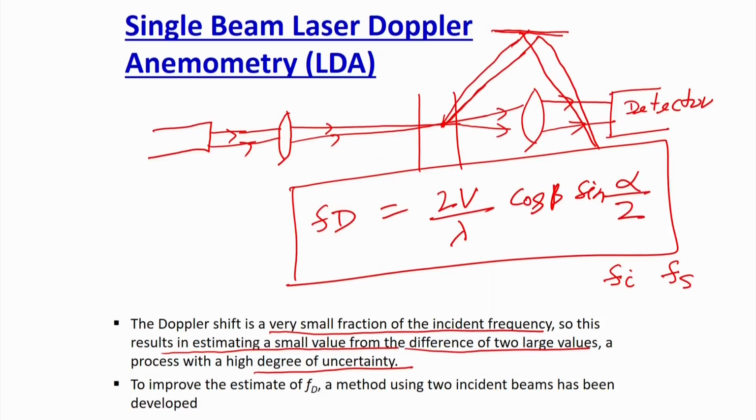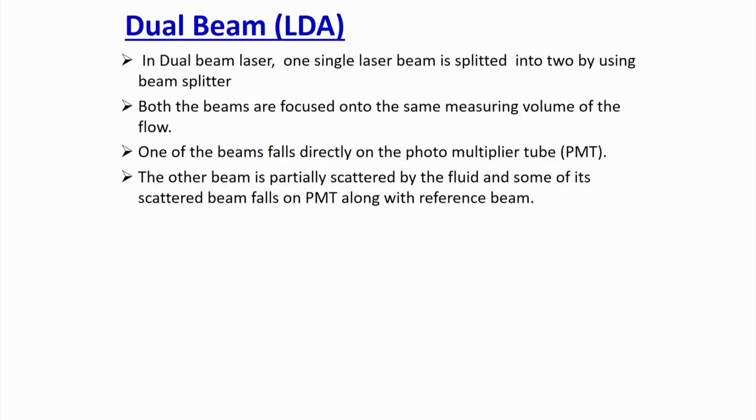Okay. Therefore, to improve the velocity measurement further, what do we do? We incident the beam, instead of one, we use two beams. Okay. So, we use the two incident beam method to remove this uncertainty in the velocity measurement. Okay. So, the dual beam LDA was developed.